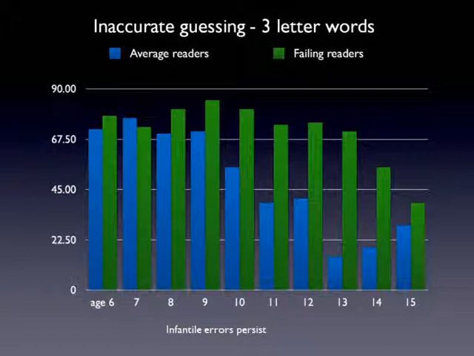Whole language promised that we would grow out of these problems. These figures deny that. If you look at the age of 14, you can see that over 50% of children aged 14 who are failing are still using end letters and making mistakes in the middle of 3-letter words like net.